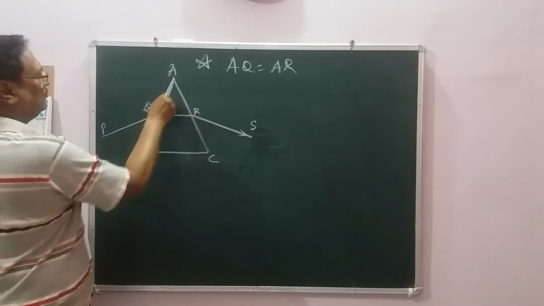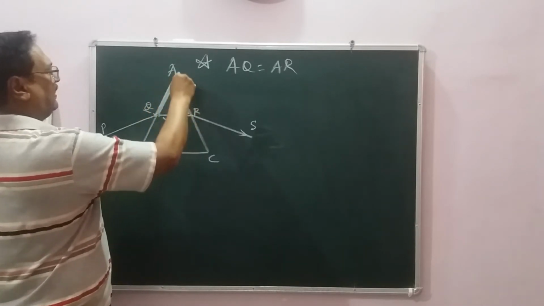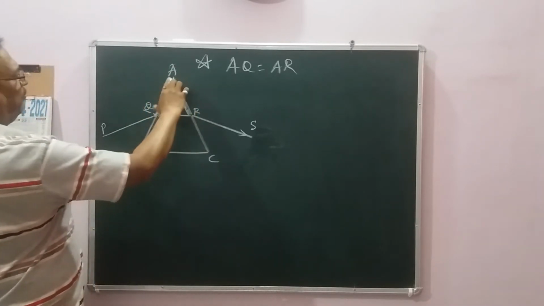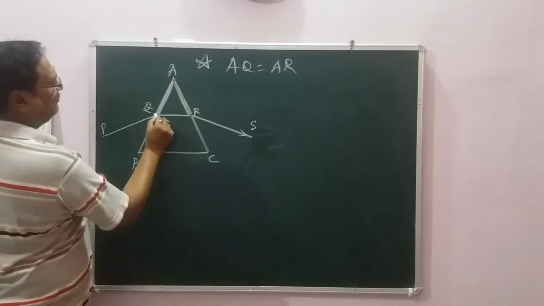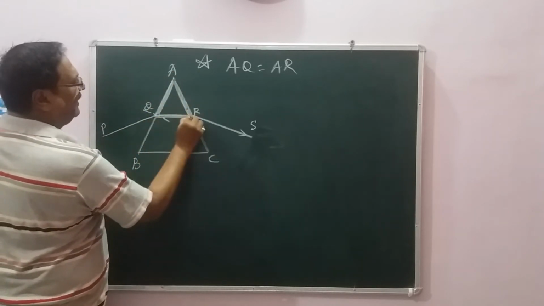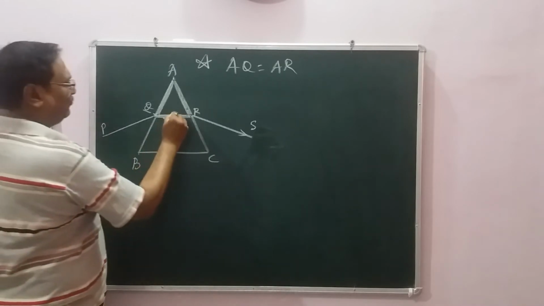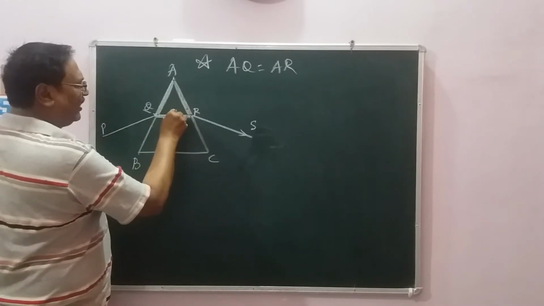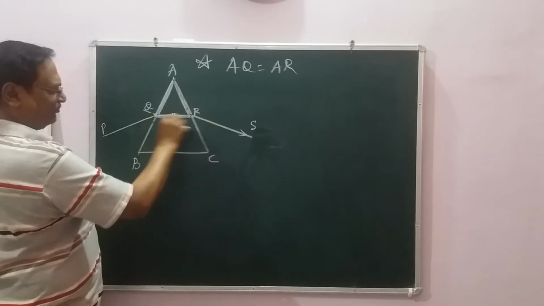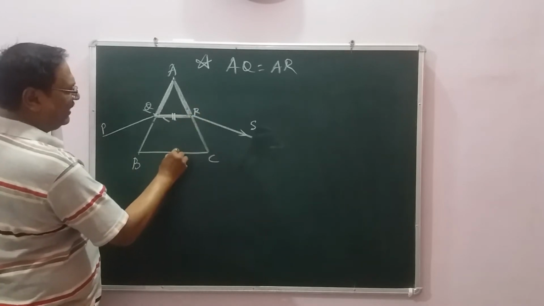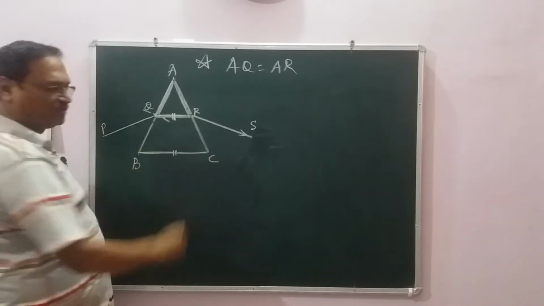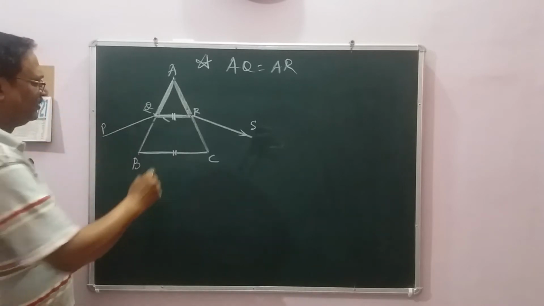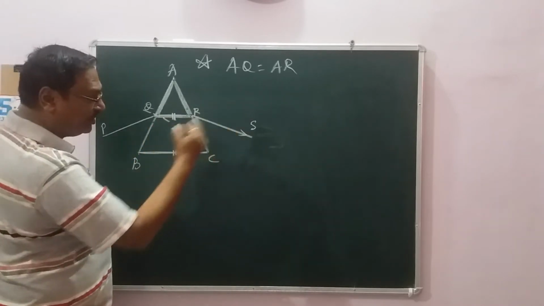This is AQ and this is AR, right? If these both are equidistant, that means this is going to be parallel to the base. The refracted ray and the base are parallel to each other. First condition, these two are parallel to each other.